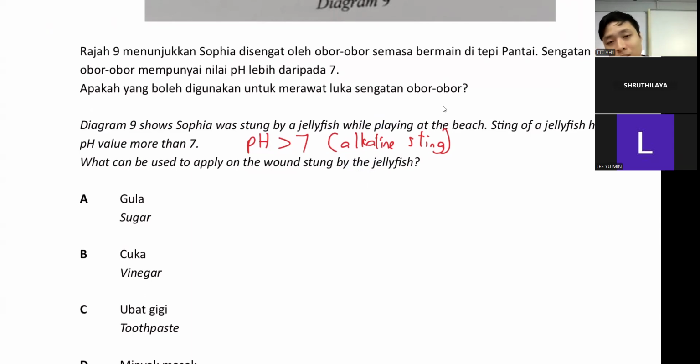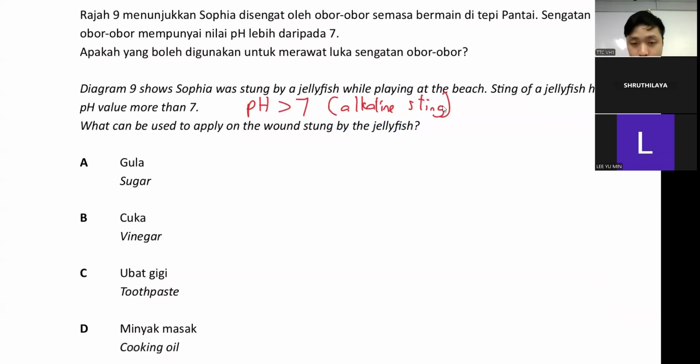Terbalik, sometimes if the sting is acidic, then you use alkaline to treat. If the sting is alkaline like this here, of course you have to use something acidic. Of course, the answer is B lah. Vinegar is acidic. Toothpaste is alkaline.